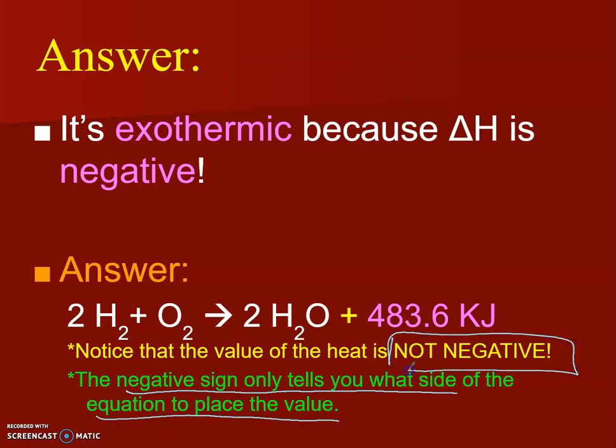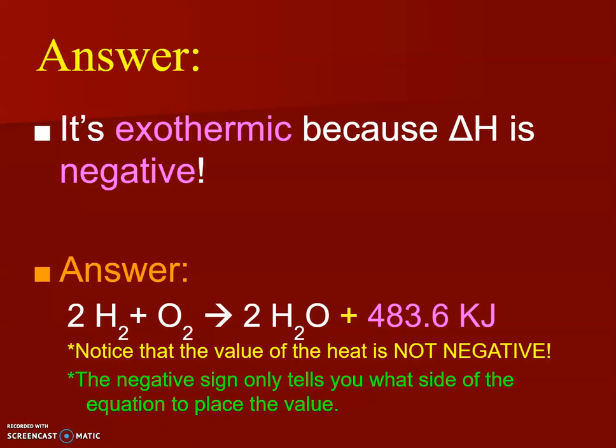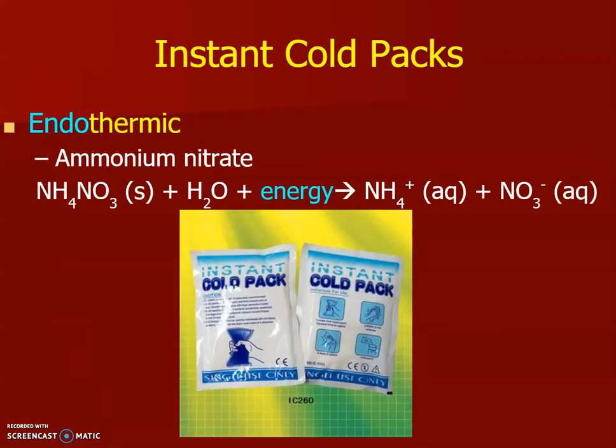It is not negative. I do not want to see any negative signs there. This plus means and. This doesn't mean necessarily a positive value. 2 moles of hydrogen and 1 mole of oxygen react to make 2 moles of water and 483.6 kilojoules of energy.